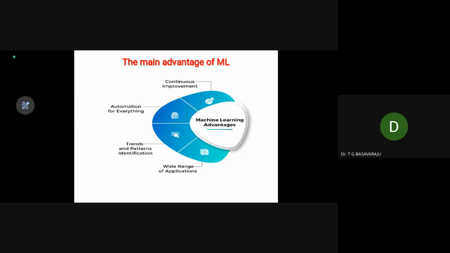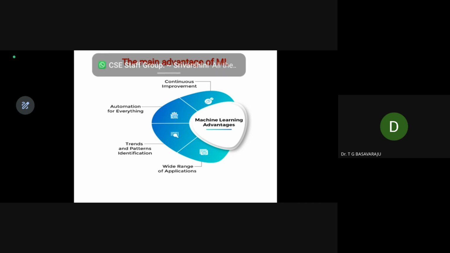Automation for everything, because once we train and test it, we need not have human interference in between, so everything becomes automated. And trends and patterns identification. As I was telling you, with bags, shoes and other things, depending on the patterns the trends can be set and it can be used for customer support. And a wide range of applications are there with respect to machine learning, which I'll be discussing later.